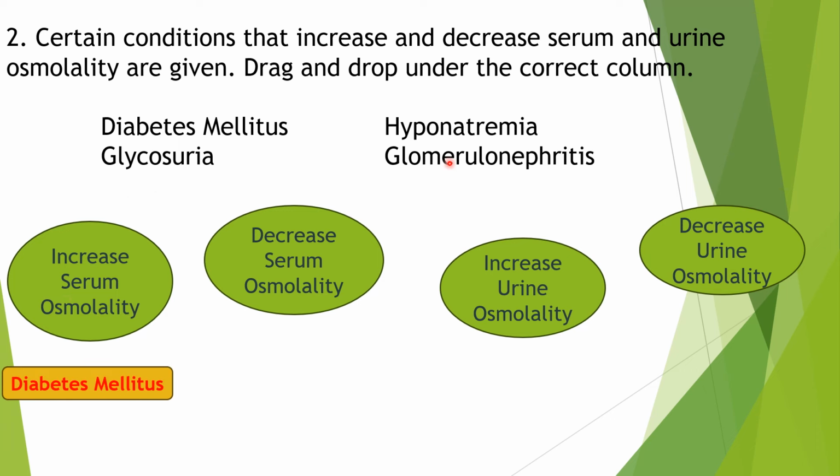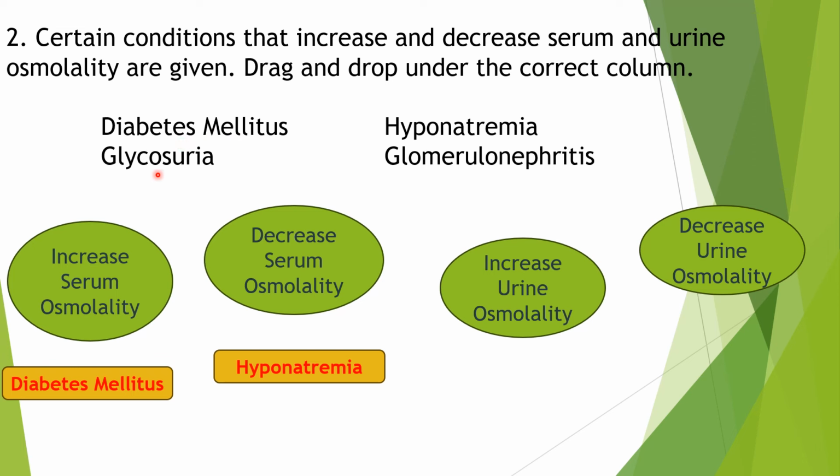Then hyponatremia, if you are seeing, the concentration of sodium in blood is less. Serum, that is related to blood. Decreased serum osmolality means the concentration of solute is less in the blood. Hyponatremia will come under this. Increased urine osmolality.